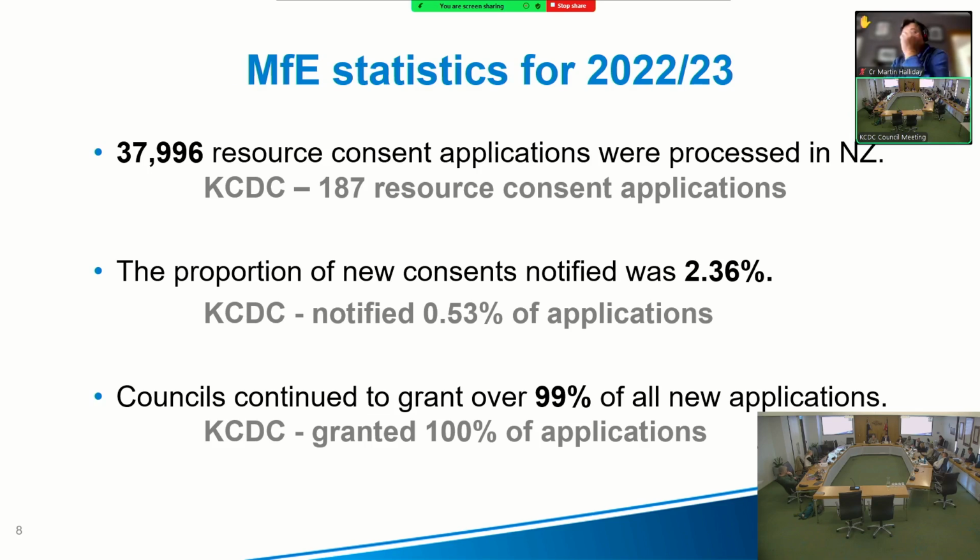I don't see that it would be any different between the two. It's just a process that we have to go through, and it just shows you how important it is that the planners make robust decisions, and that we can justify our decisions for notification or deciding not to notify.